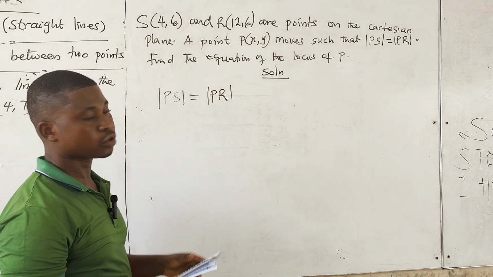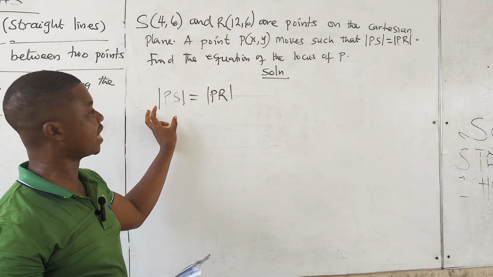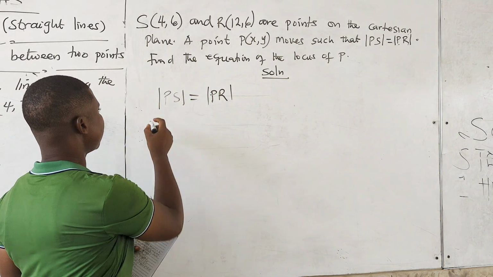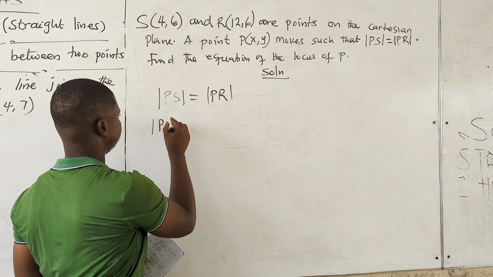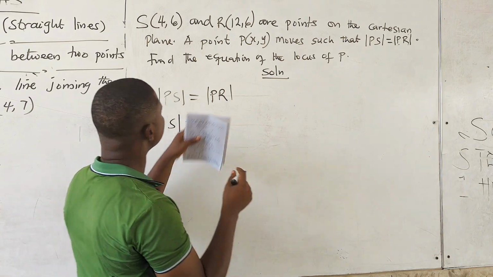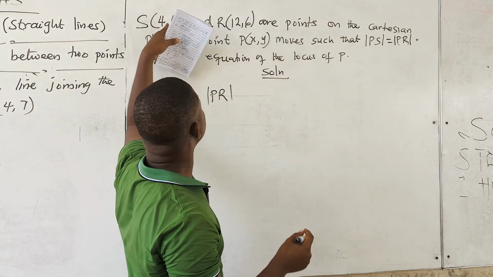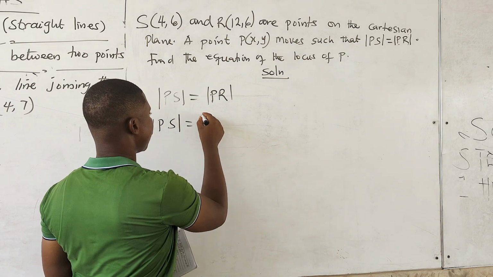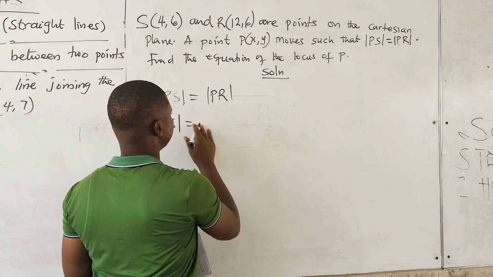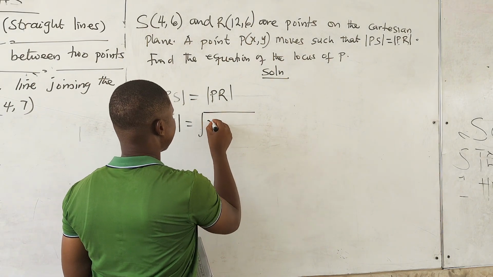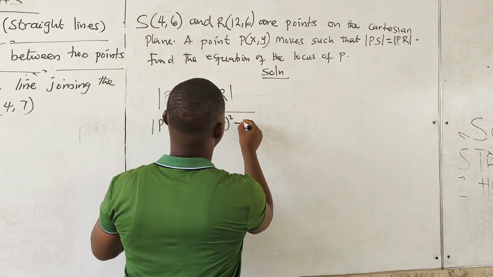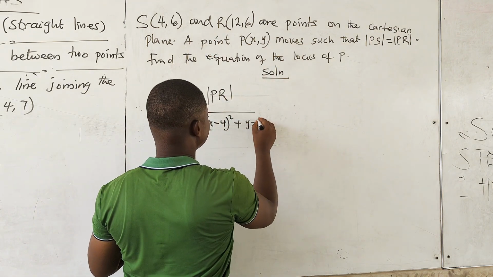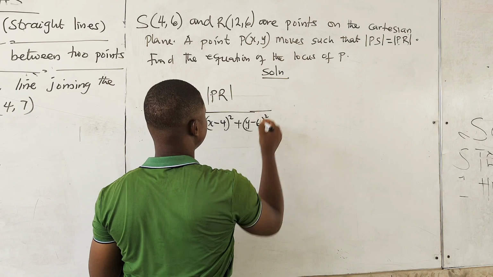So with this, we have to find the distance of PS. So let's have PS is equal to, these are x1 and these are x2, so we have the square root of (x minus 4) all squared plus (y minus 6) all squared.